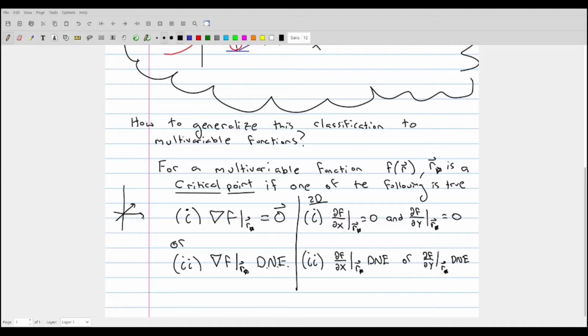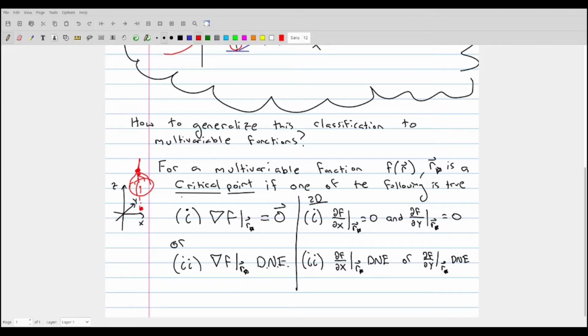So for instance, let's say you have a function of 2 variables with a surface that sort of comes to some cusp or some point right here. This would be an example of a critical point of this function, because the partial derivatives don't exist at that cusp.